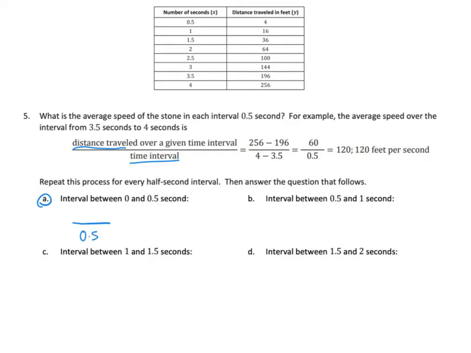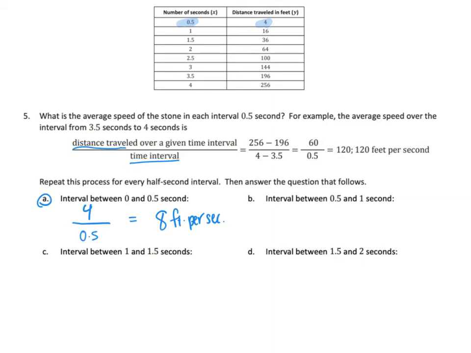And if we look at our distance, in half a second, we traveled 4 feet. So it's going to be 4 divided by 0.5, which in my calculator is 8. Okay? This one would be 8 feet per second.